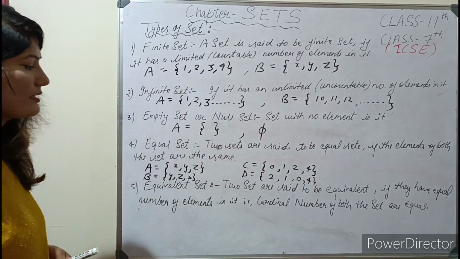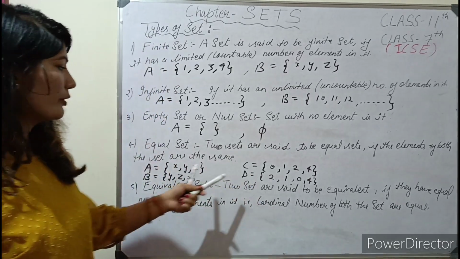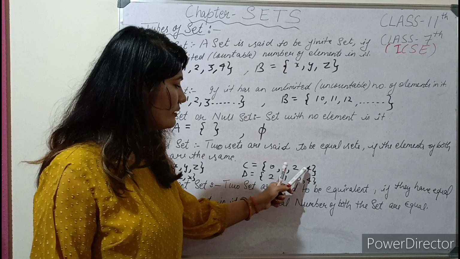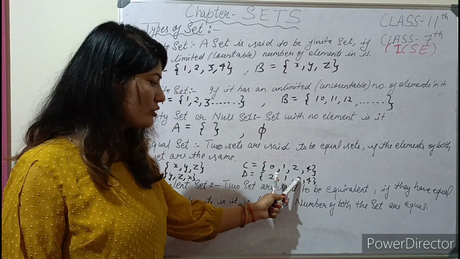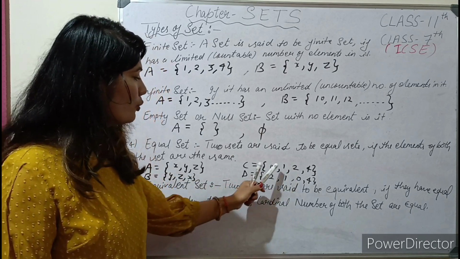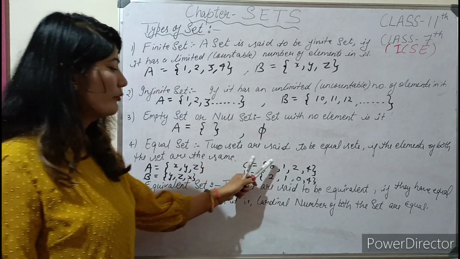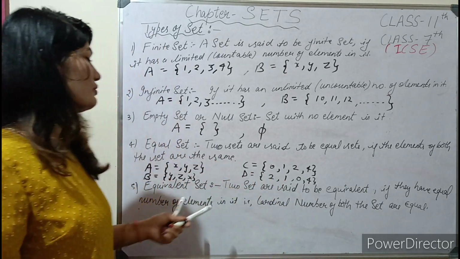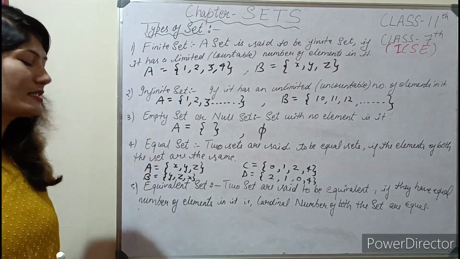So here again we can say that set C and D are the equal set because in this case the elements are also equal. You can see 0 is there, 0 is also in D, 2 is there, 2 is also in D, 1 and 4. Clear? So it means in both the sets the elements are also the same. So hence we can say that C and D are the equal sets.